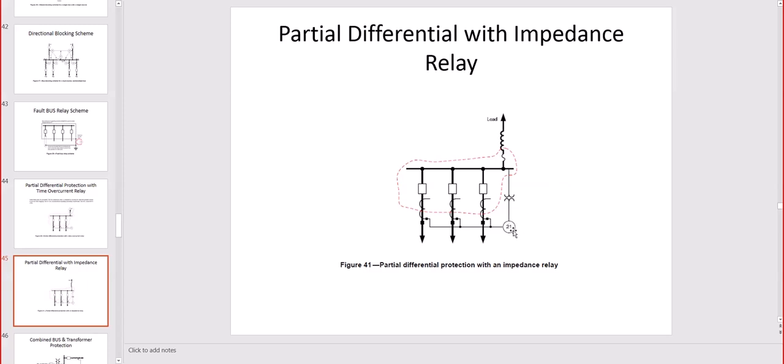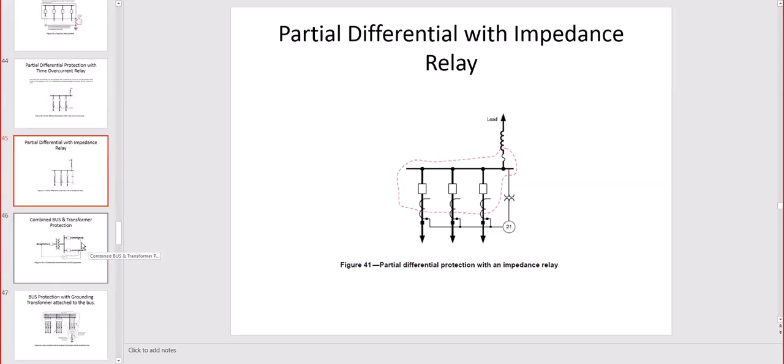The impedance of the line, as long as no fault is there, is of a certain value. So you have a circle of this characteristic that is real by imaginary, resistance and reactance, and once that impedance is lower because of a fault somewhere on the line, that point of operation goes inside the circle, and that's the moment this 21 relay will actually trip, whenever the actual impedance is lower than the normal value.